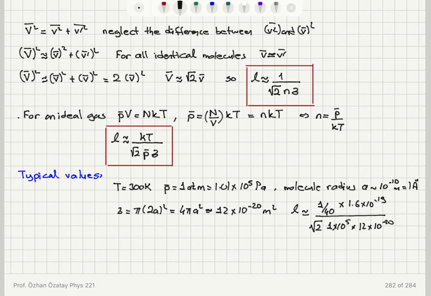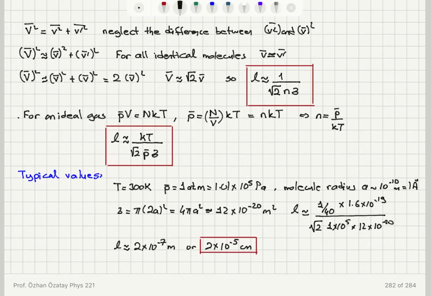So we find that the mean free path is approximately 2 times 10 to minus 7 meters, or 2 times 10 to minus 5 centimeters. That's our estimated mean free path at room temperature.